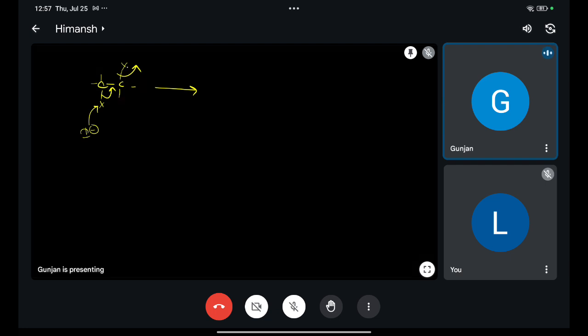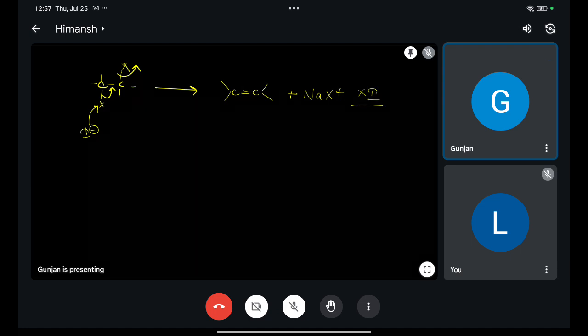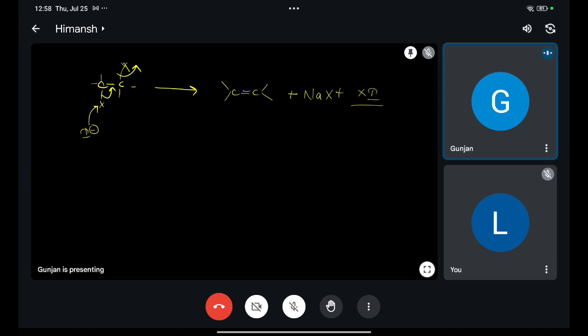This carbon will give the electron to X. So ultimately we are getting carbon double bond carbon, and NaX. Got it or no? Yes, ma'am.